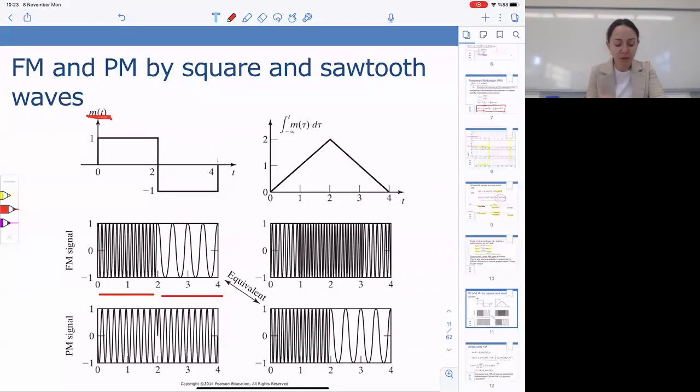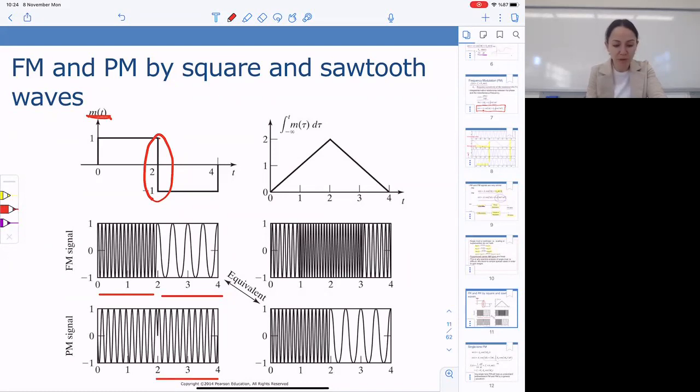Okay. So there's going to be an abrupt phase shift at time 2 here, because suddenly the message goes from 1 to -1. And depending on the beta, the modulation intensity, the phase shift is going to be increasingly abrupt, right?